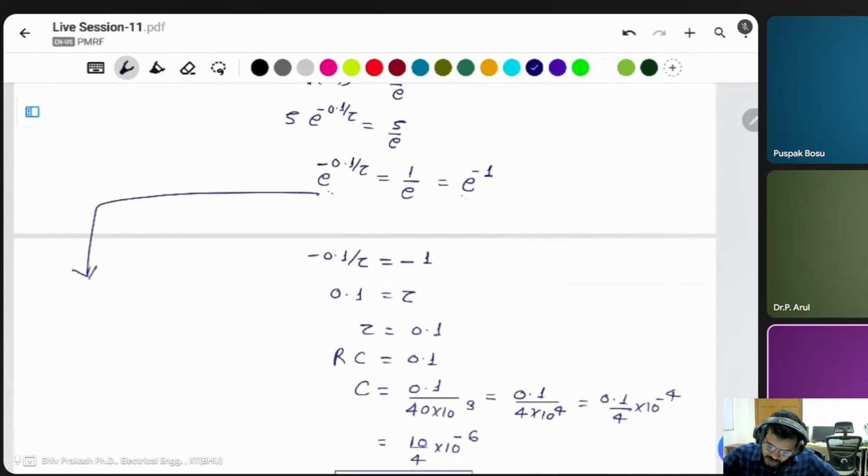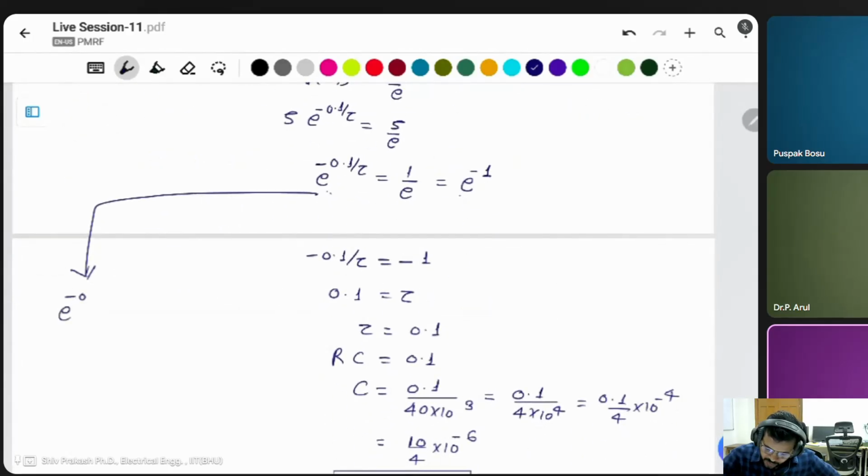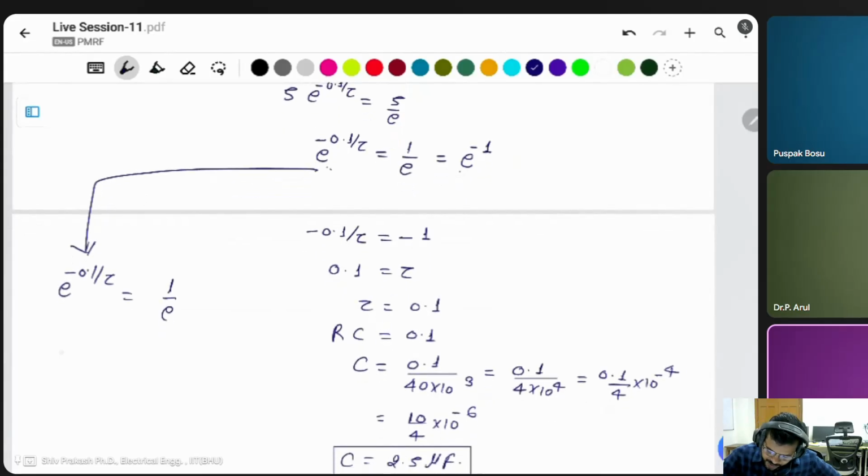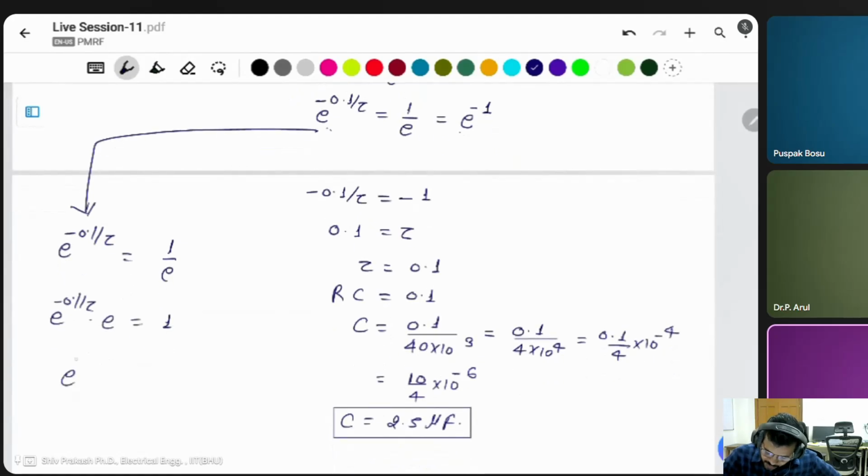The same thing: you can say e power of minus 0.1 by tau is equal to 1 by e. You can multiply e to the power minus 0.1 by tau by e, which is equal to 1. If you multiply, it means e to the power of 1 minus 0.1 divided by tau, because in multiplication the powers are added. Then minus 0.1 by tau added with plus 1 is 1 minus 0.1 by tau.